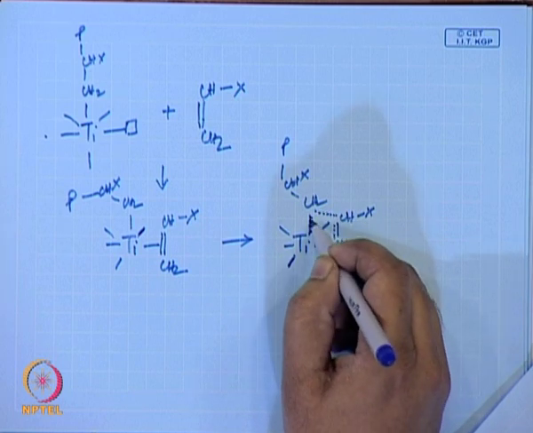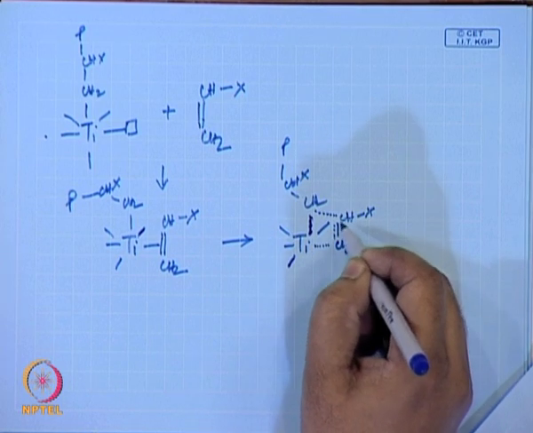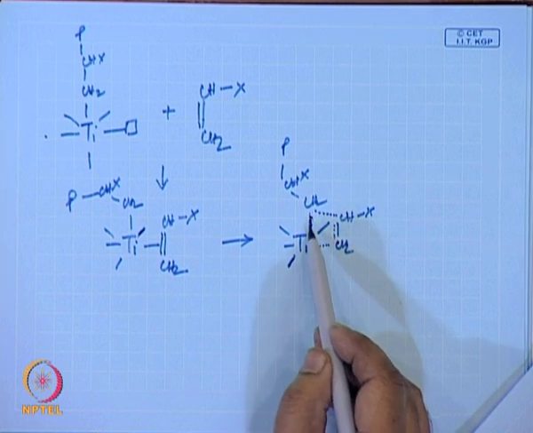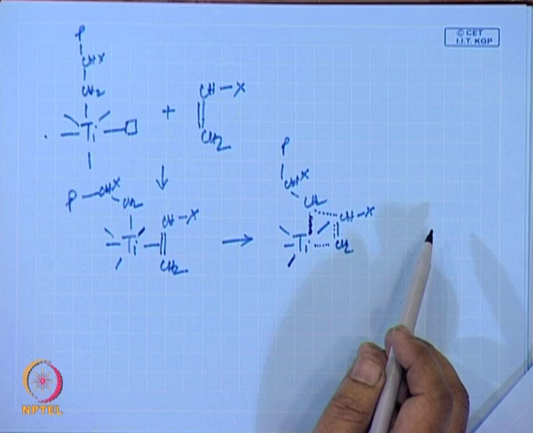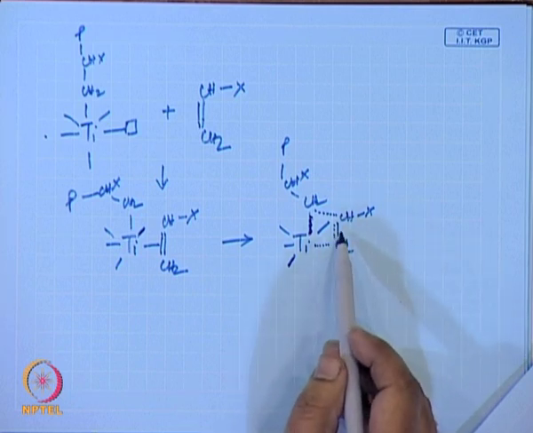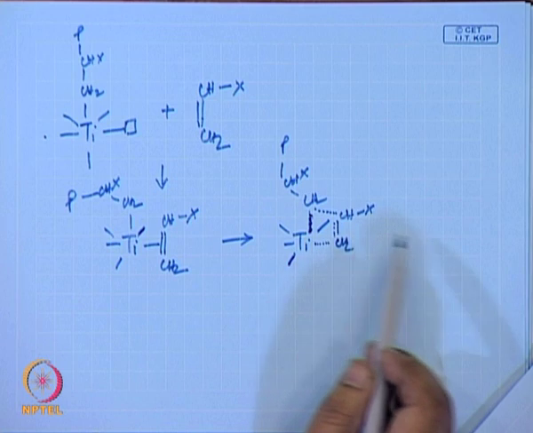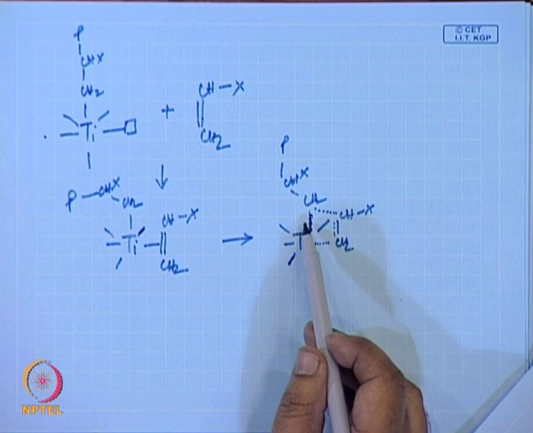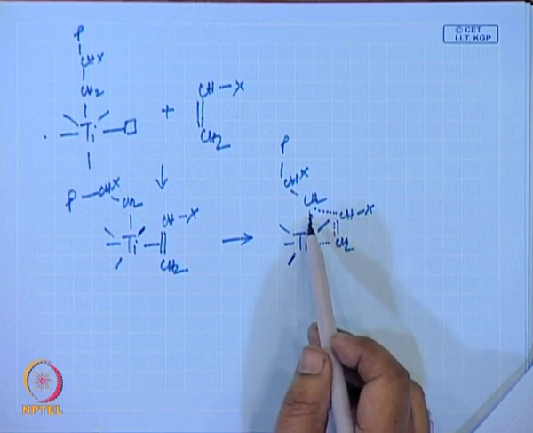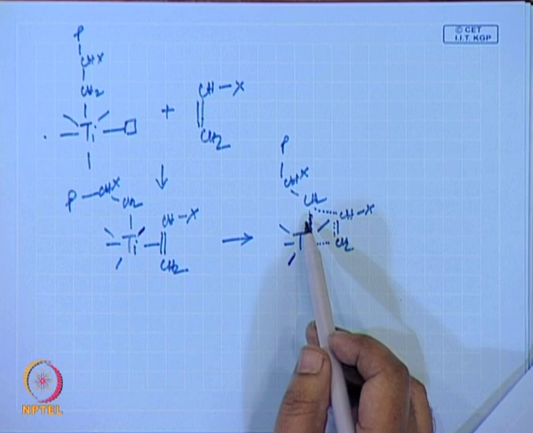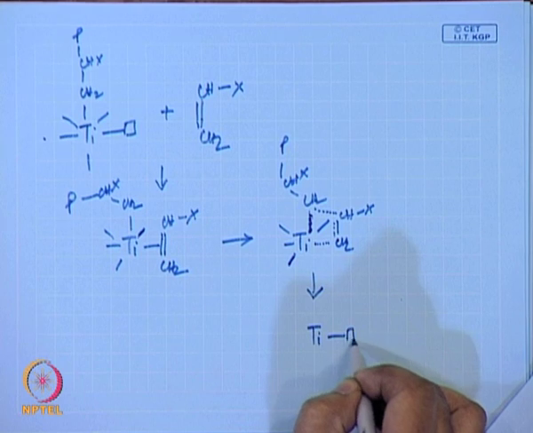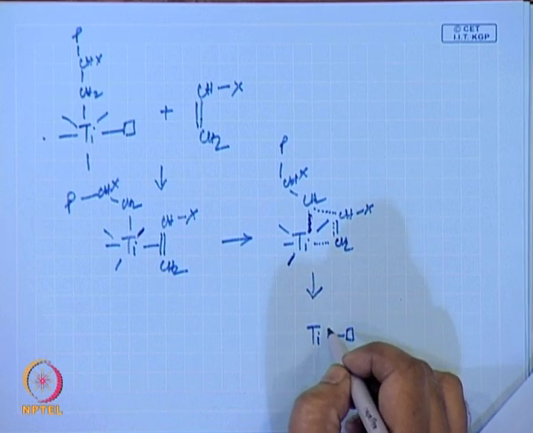So, it forms a 4-membered cyclic transition state, and then this new monomer gets inserted in the titanium carbon bond. In the earlier case, in the bimetallic mechanism we proposed, the new monomer got inserted in the aluminum carbon bond. In this case, the new monomer is getting inserted in the titanium alkyl bond and regenerating the vacant d orbital.